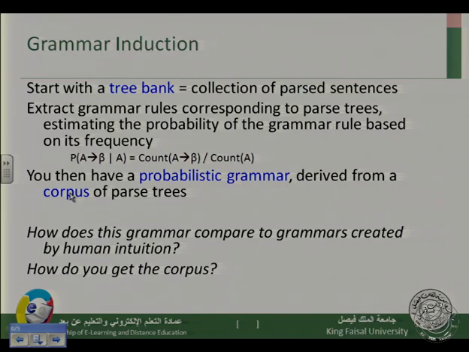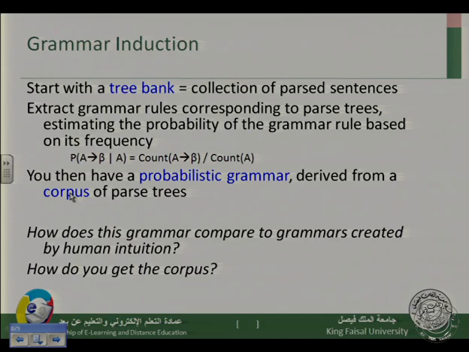The second question is comparing the grammar from this corpus to the human language grammars, or grammar derived by intuition. If you go to a native speaker and ask the native speaker about the third person singular, for example, by intuition, the native speaker will describe the language for you. He would say, for example, we use the third person singular because this is our language.